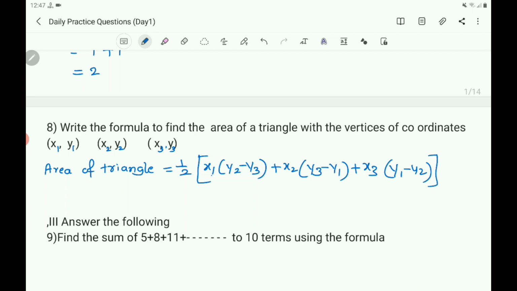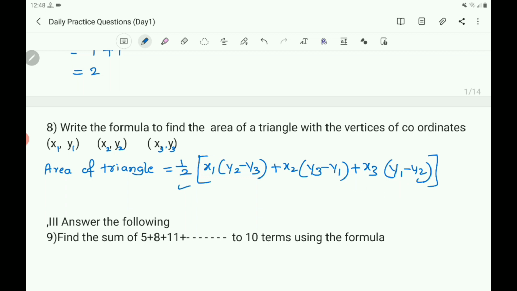So here x1, y2, y3, and here x2, y3, y1, then x3, y1 and y2. See the order here. You must know the order perfectly. By knowing the logic, you can write the formula easily.